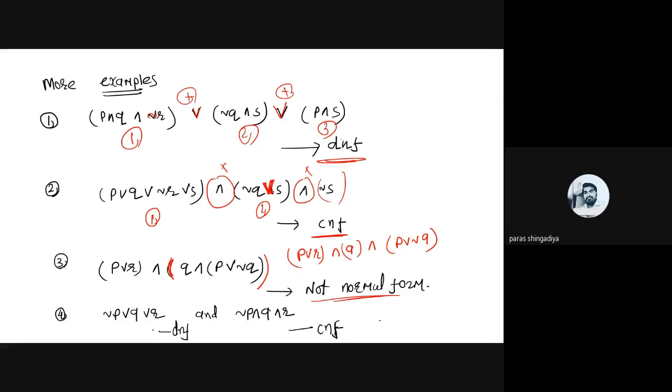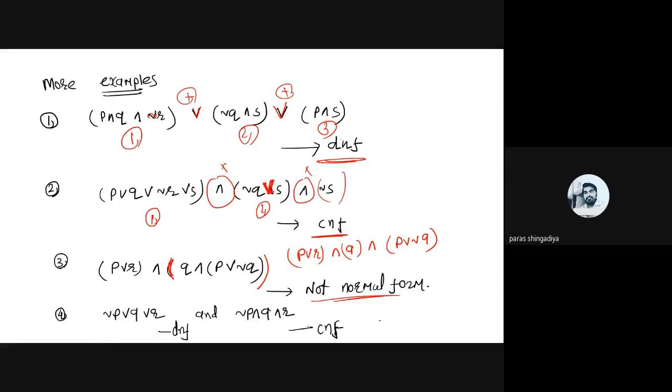And then after the fourth one, negation P or Q or R, that is the DNF. It is a sum of elementary product. And negation P and Q and R is called the CNF. It is the product of elementary sum, and the other is a sum of elementary product.